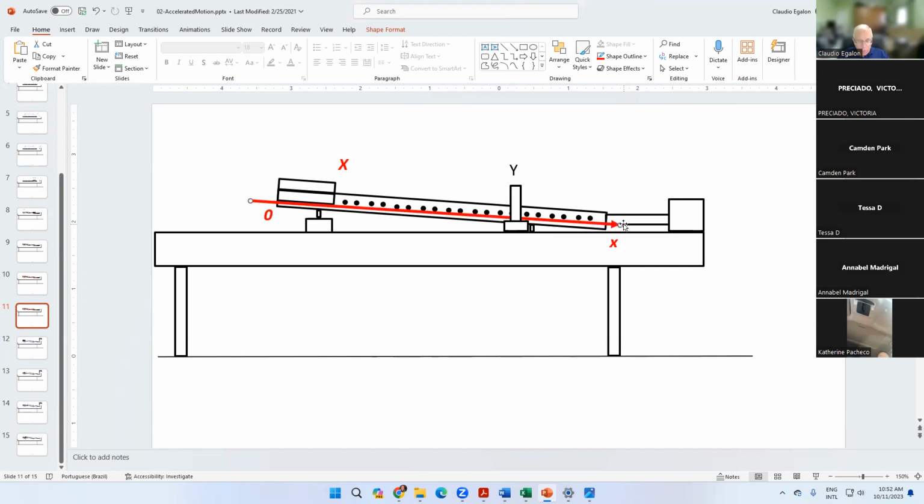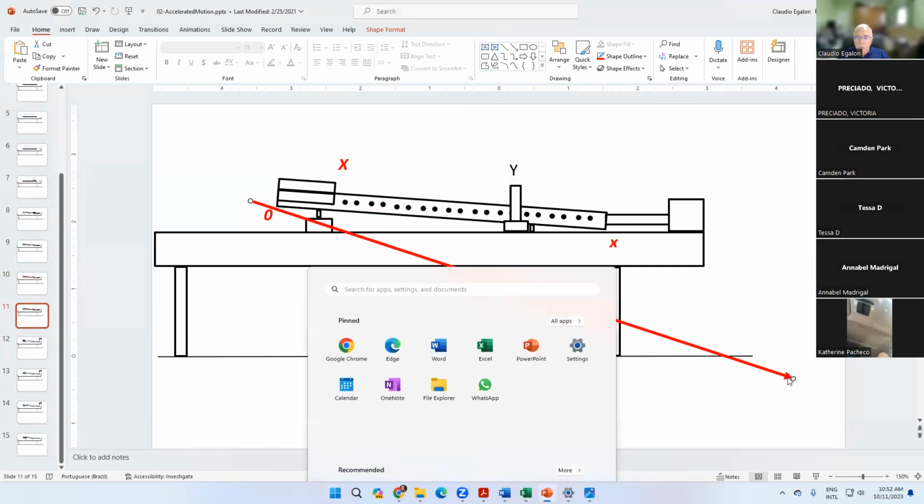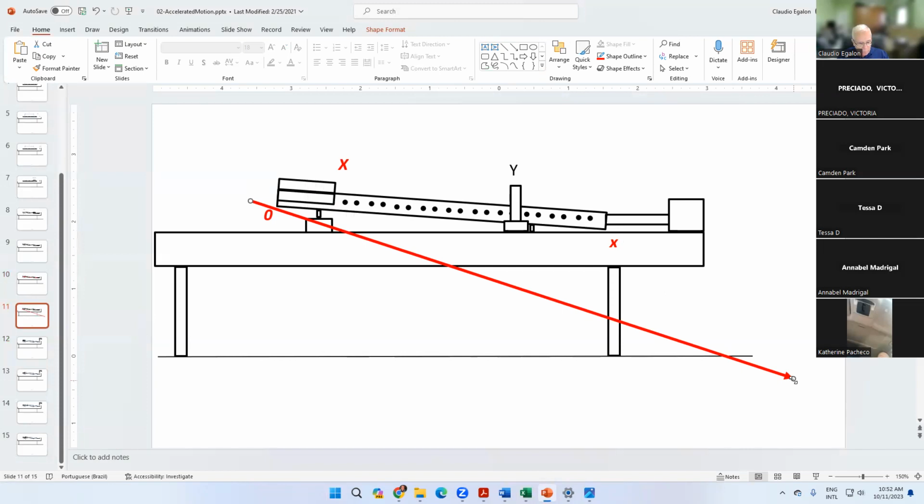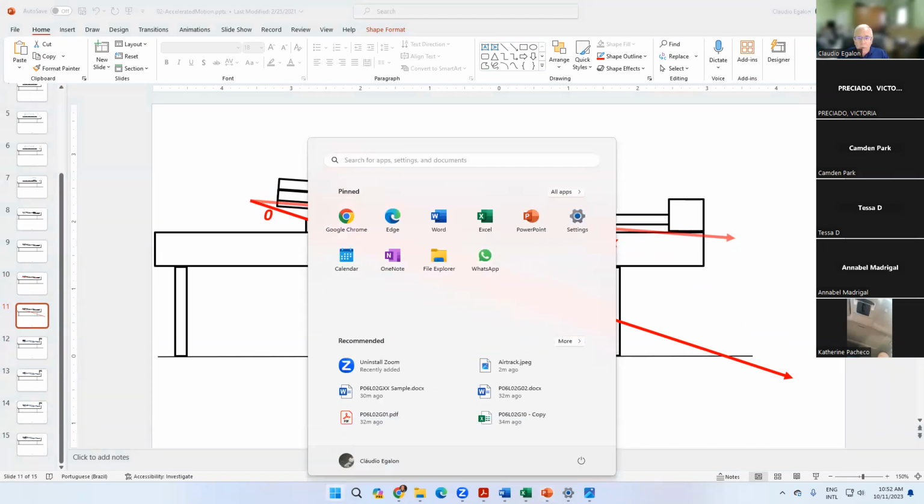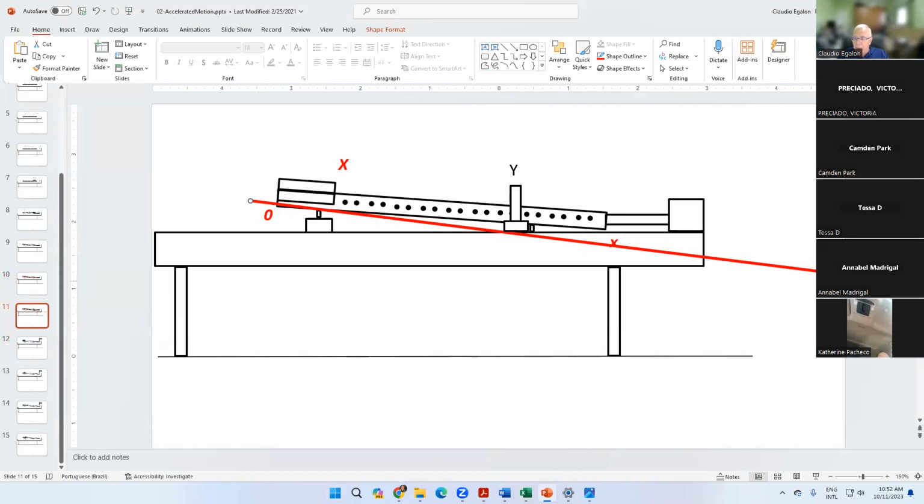For some reason, man, this computer started to behave so strangely after I did some maintenance on it. Now maybe this one. Let's see. Yeah, I guess I got it now.